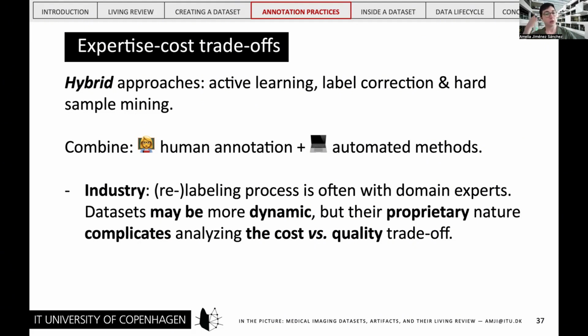And here we also highlight a difference between academic setups and industry, where in industry, usually this relabeling process is done with domain experts. So datasets may be more dynamic, but at the same time, their proprietary nature complicates analyzing this cost versus quality trade-off.